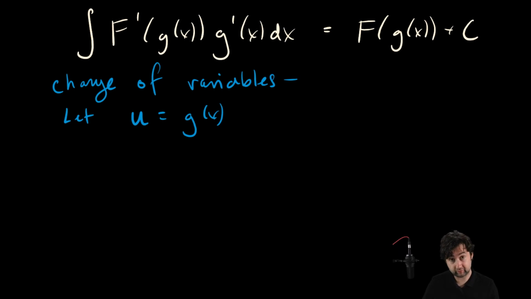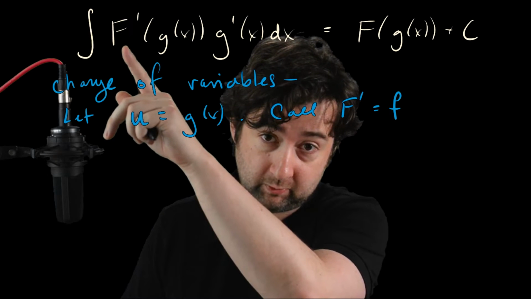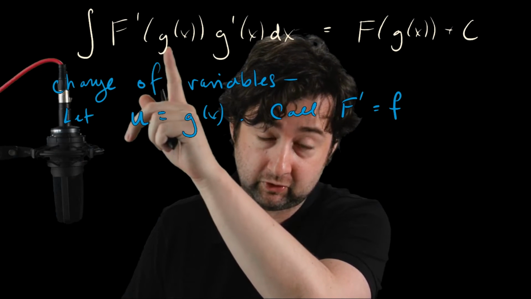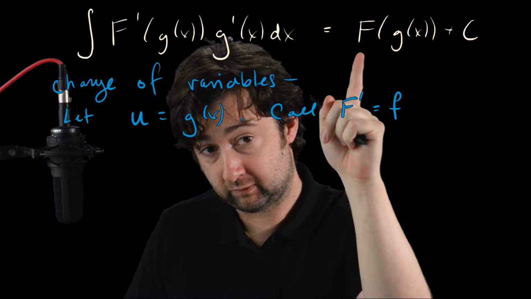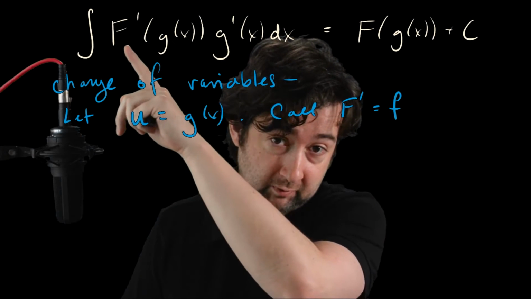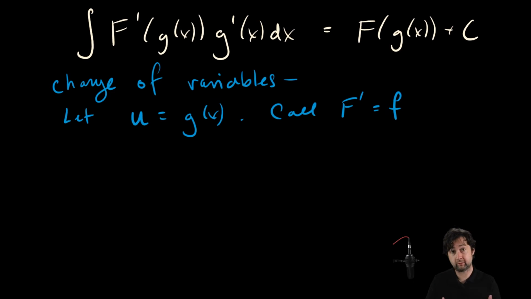It's also going to be convenient for us to call f prime equal to little f. So when we're looking at f prime up here, this is really little f of g of x, and capital F is the antiderivative, and f prime is supposed to be little f. This is where the substitution happens.